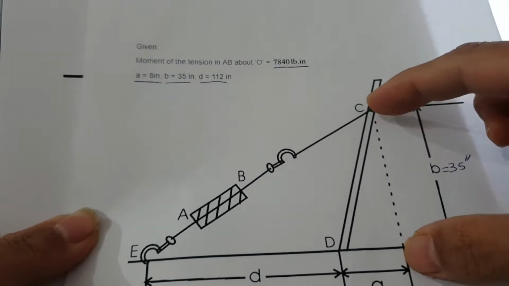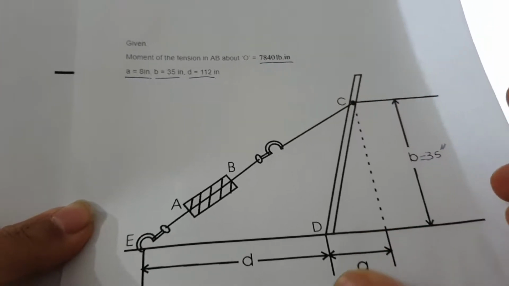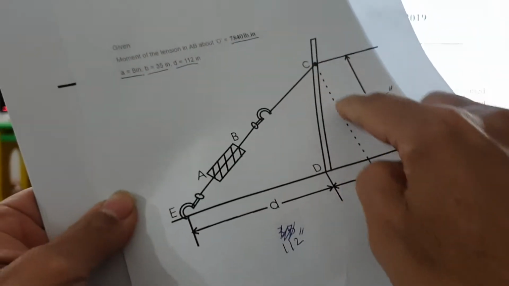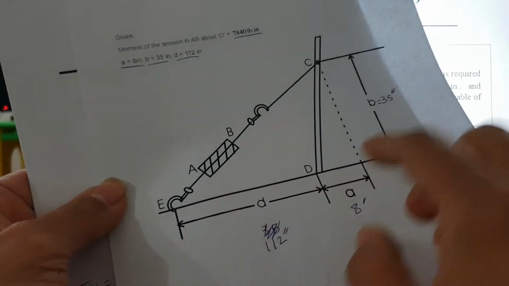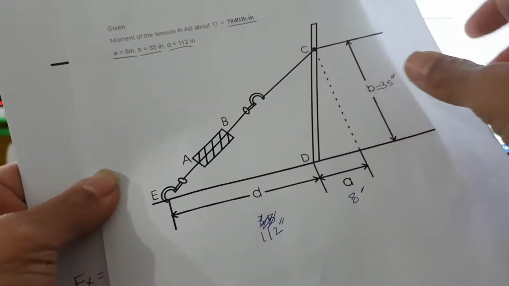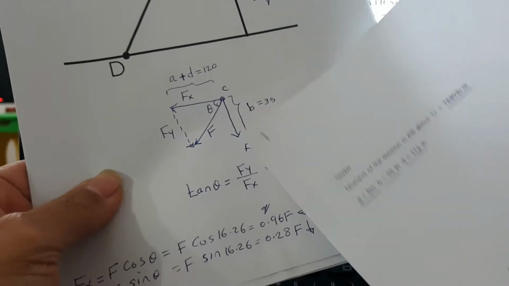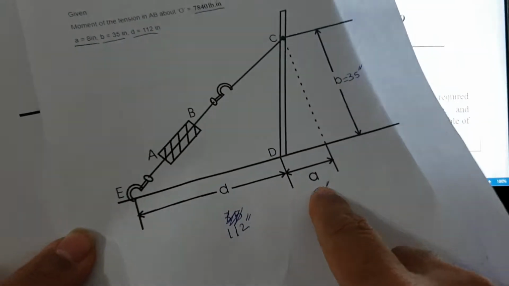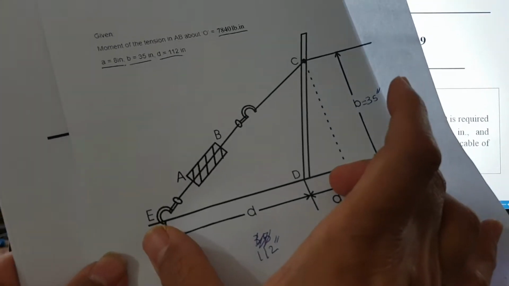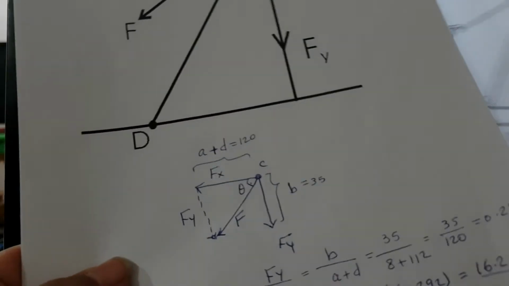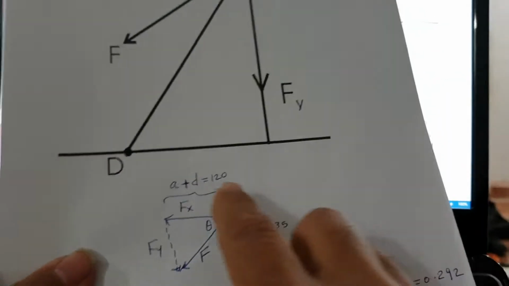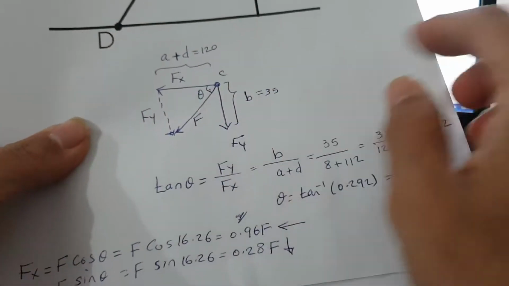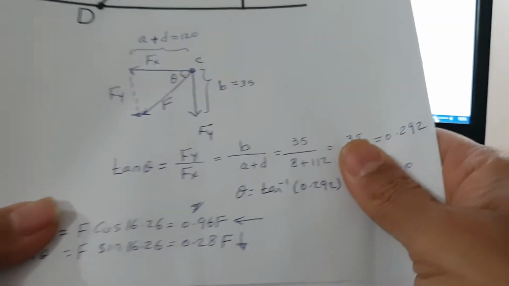So in the y-axis it's 35 inch, and in the x-axis I'm taking the whole triangle from here, 8 plus 112. 8 plus 112 is 120. So this is the x, and this is the y. So now we could find the angle.